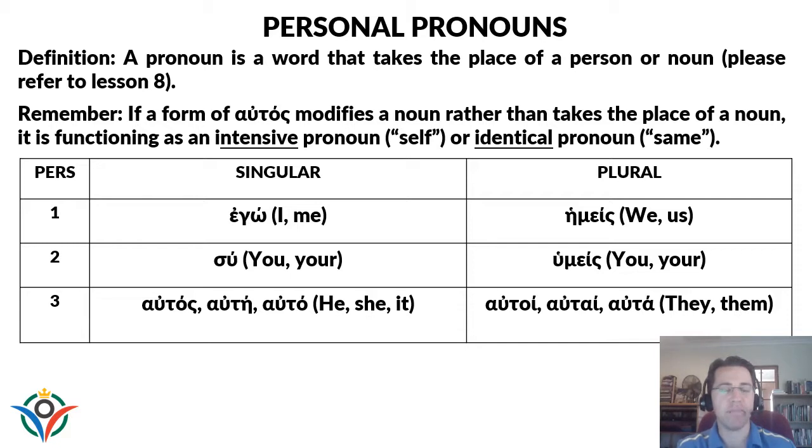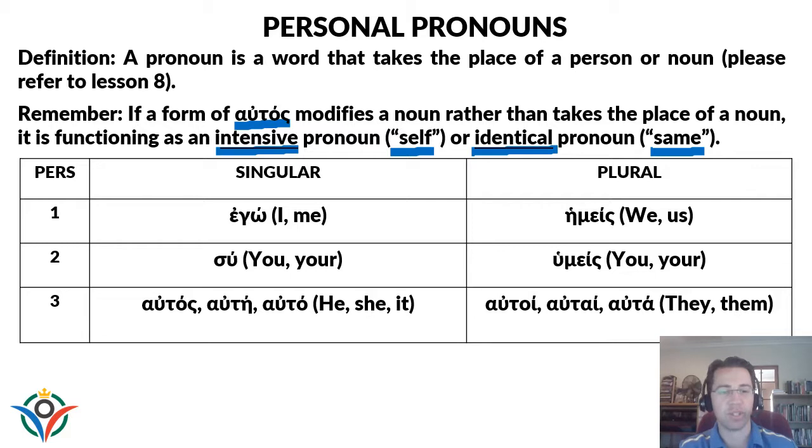Just remember, if a form of autos modifies a noun rather than takes the place of a noun, it is functioning as an intensive pronoun when we translate it as self, or an identical pronoun where we translate it as same. So here's a table just summarizing the forms of the personal pronouns.